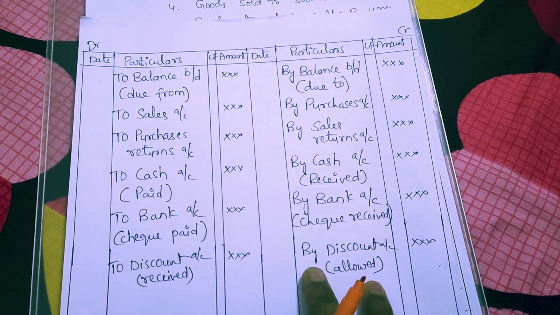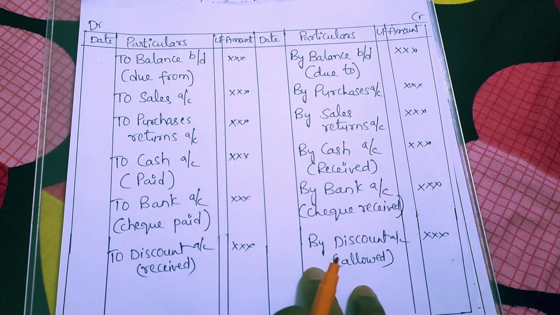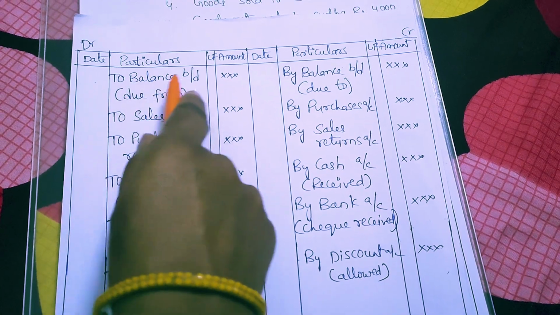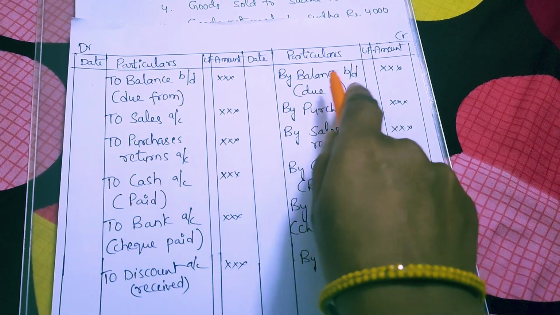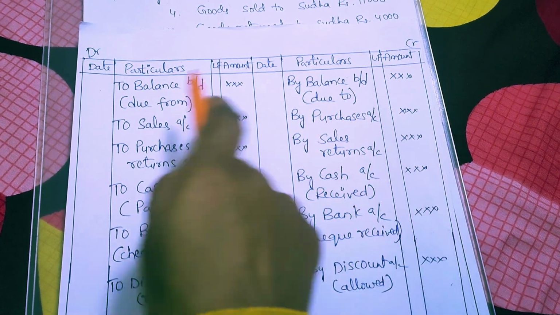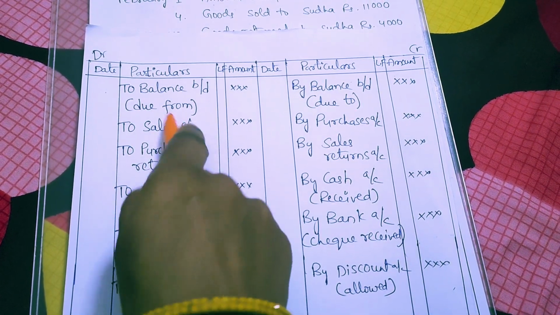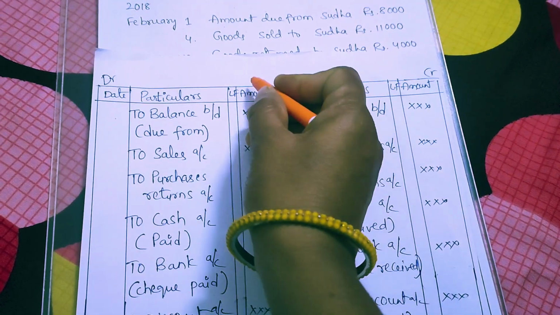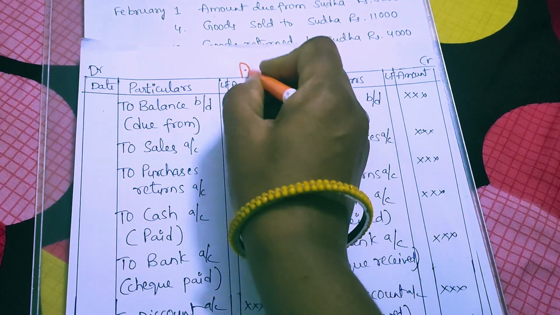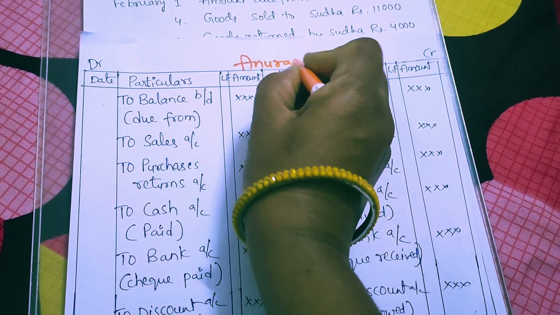Here we have the format. Always on the debit side, the first item is to balance brought down, and on the credit side, the first item is by balance brought down. When we have to record this, if there is any amount due from any party, so whatever account we prepare, here I did not take any name, you can take any name, suppose it is Anuradha account.